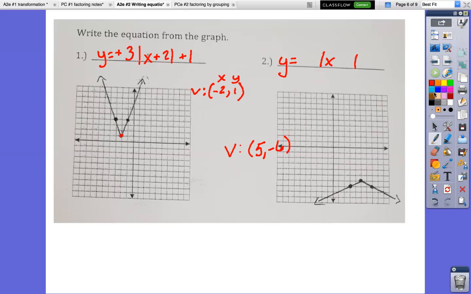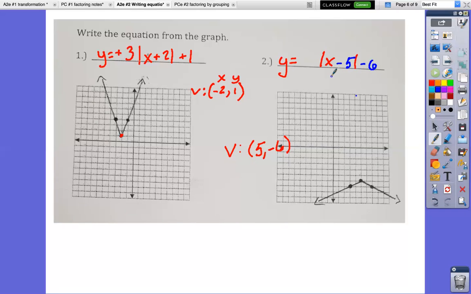So somebody else, I've heard from the same couple people for the last question or two. Somebody else help me out. We'll ignore the slope for right now, but what's going to go in the absolute values? What are my H and K values here? What goes with the X? -5. Exactly. -5. And then what's my K value? -6. -6. Perfect. Thank you guys.